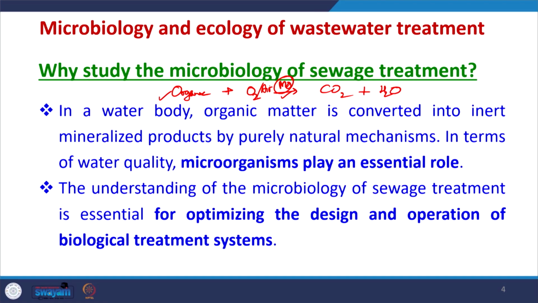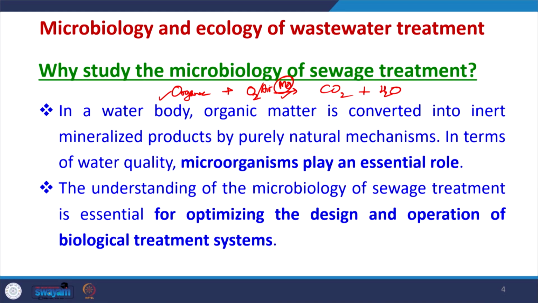Depending upon that, the microorganism required will be different. So, if you want to understand that, it is very essential that we understand how the microorganisms work under different conditions. What is the pH at which they are going to work, what is the temperature. So, temperature, pH, concentration and the type of organic pollutants present in the water, etc., play a role.